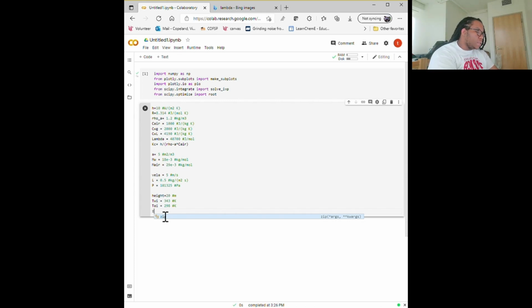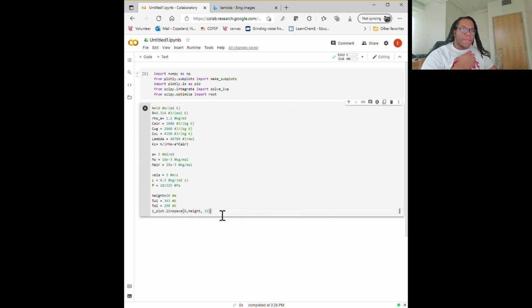So that one space is going to be from 0 to height. And we're going to call in 21 equally spaced values.